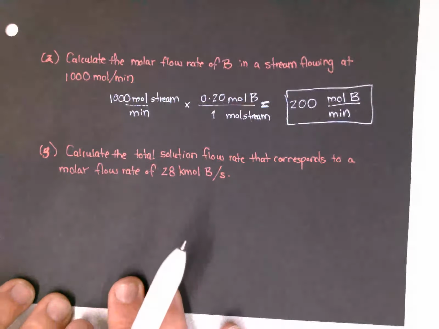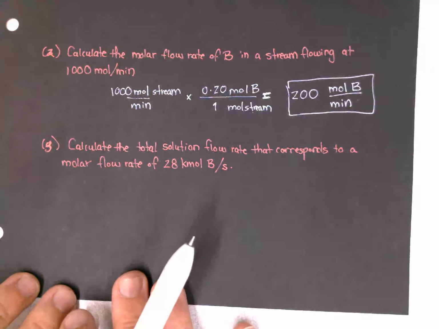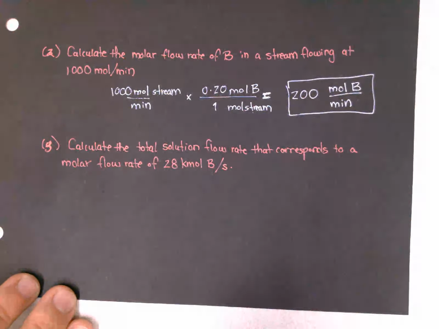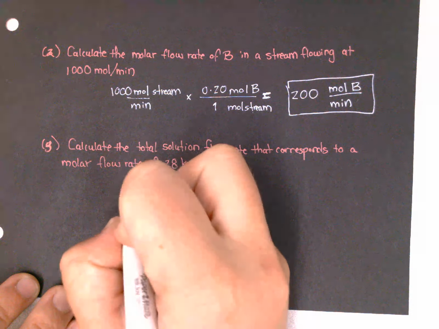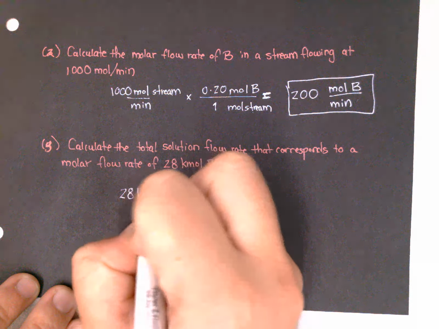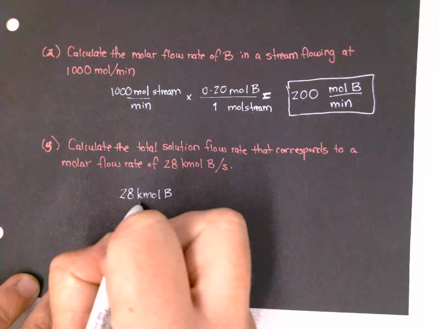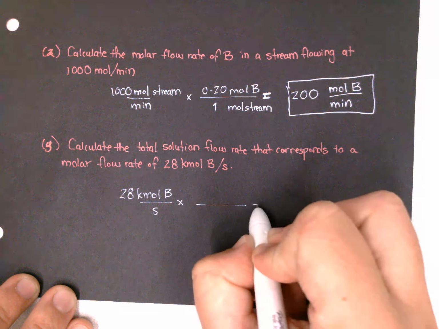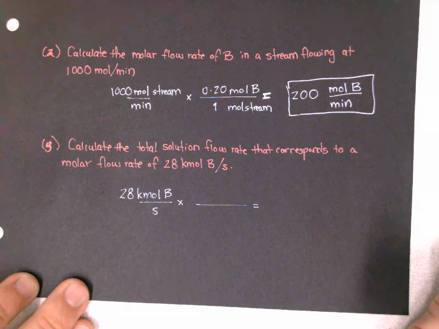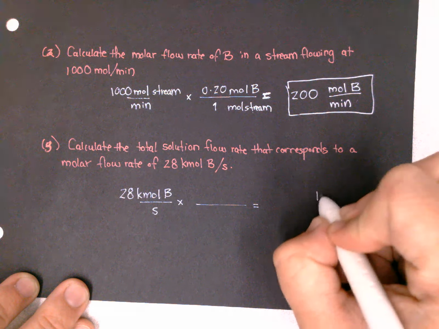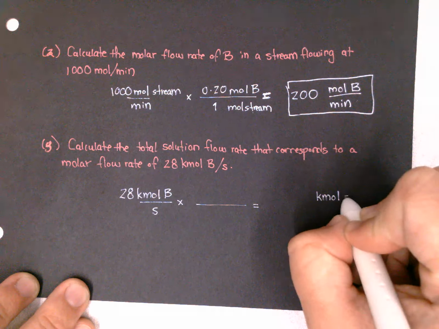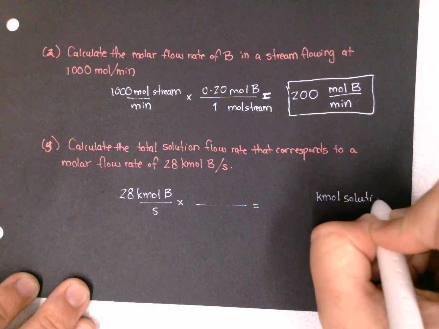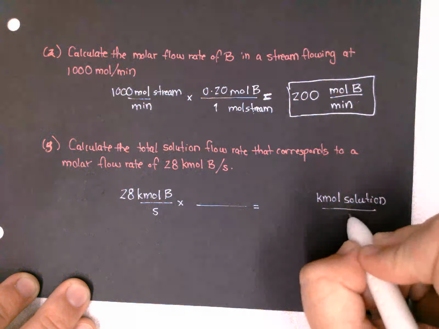All right. The last one's a little bit different, but we can use units again to kind of help us out here. If we have 28 kilomoles of B per second flowing in a stream, and we want the total solution flow rate, so we want kilomoles of solution per second.